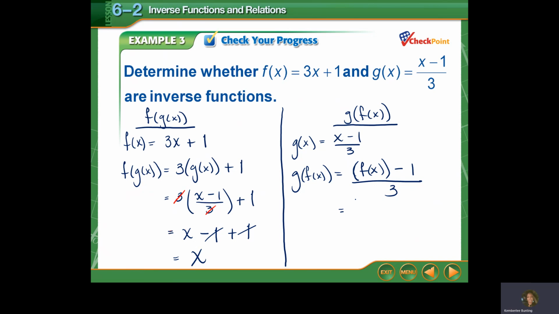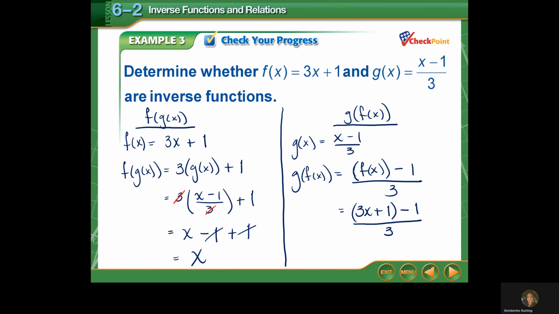All right. So you should have replaced f of x with what? What is f of x equal to, y'all? So I have 3x plus 1. Because I tell y'all all the time, keep it in parentheses, because you never know what's going to happen. And that's going to be all over 3. Now look what's happening in the numerator. Put that calculator down.